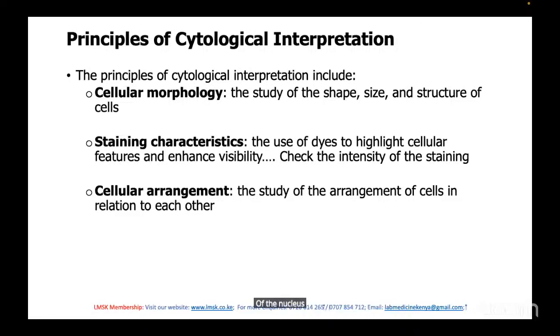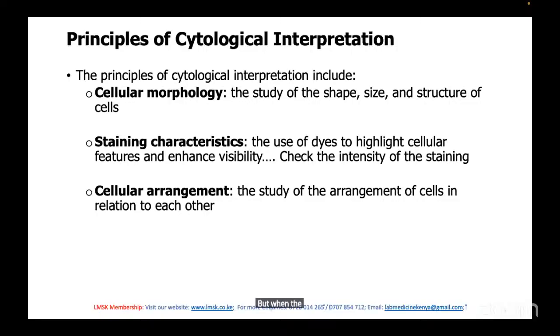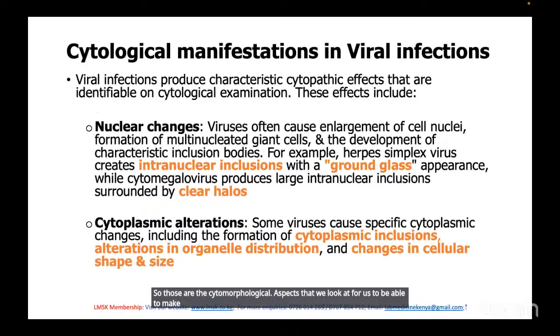Then we also look at the cellular arrangement, how our cells are arranged in relation to each other. When they have that cohesion, we know there's no problem with the sample. But when we find that the cells are not cohesive enough, we know outrightly that there is a problem. Those are the cytomorphological aspects that we look at to be able to make a diagnosis.